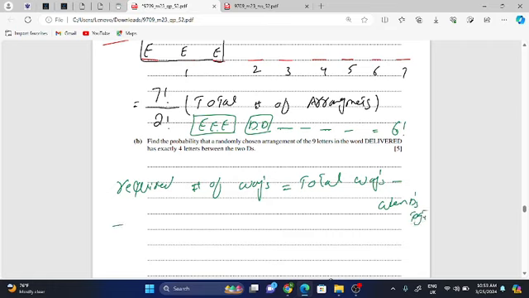So that becomes 7 factorial divided by 2 factorial minus 6 factorial.